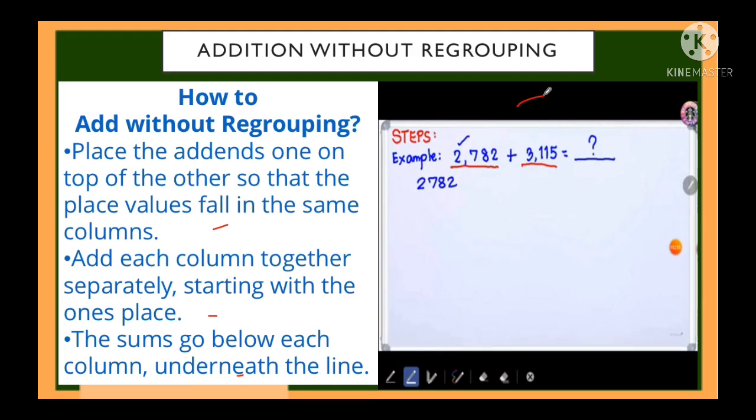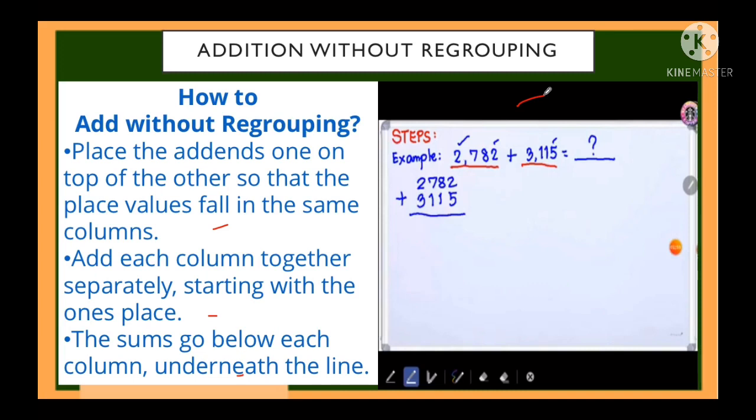This is our ones place and ones place, so they must be in the same place value. So I will put here 5. Next would be 1, and then the 3. And don't forget the add symbol on this side, and of course the equal symbol here.